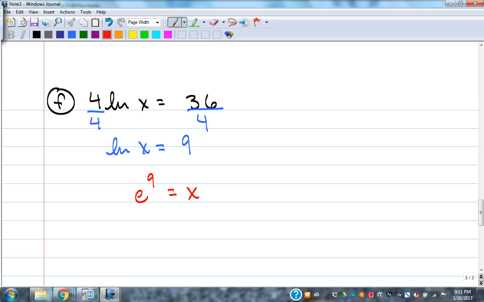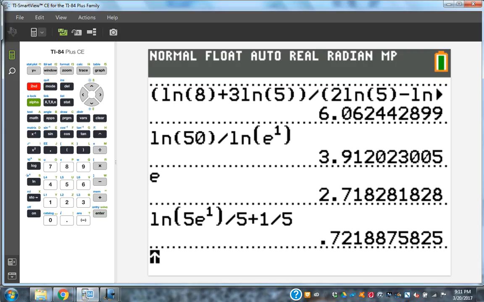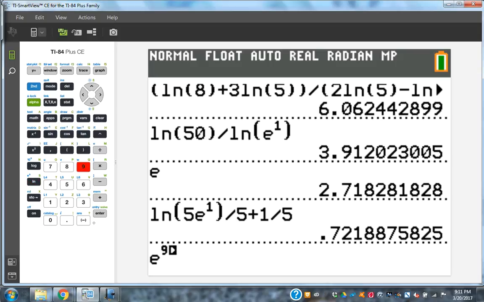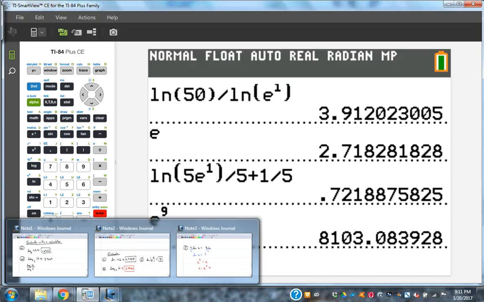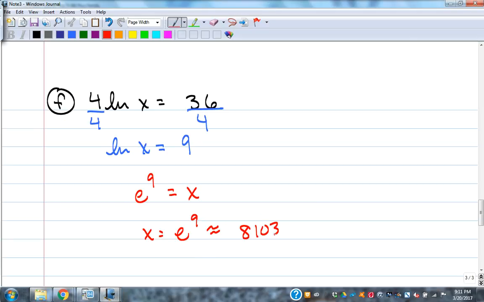I don't even have to do any more work other than just get my decimal approximation for that. So x equals e to the 9th, and approximately, second natural log, change that to 9, 8103, and we'll go 3 decimal places, 0.084. 8103.084. That wasn't too bad.